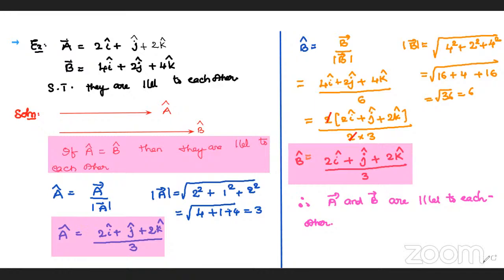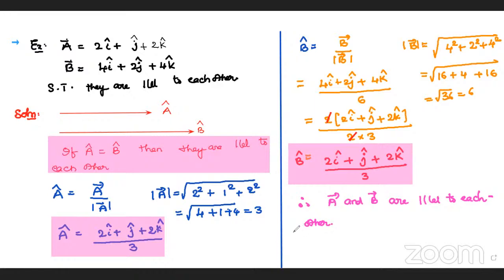The second question is actually finding the vector whose magnitude is equal to b bar in the direction of a bar.